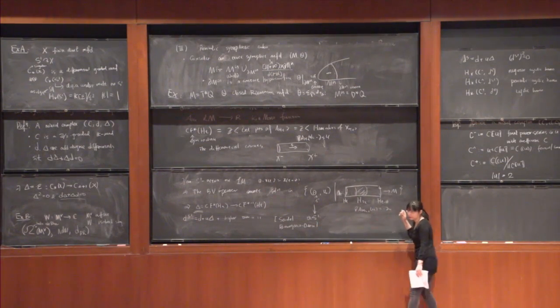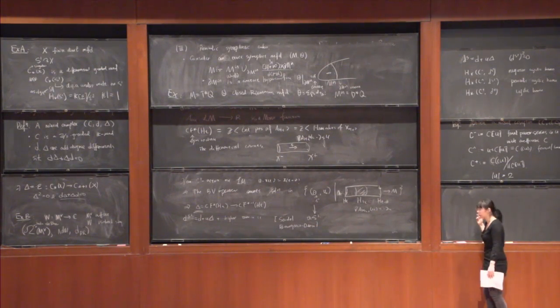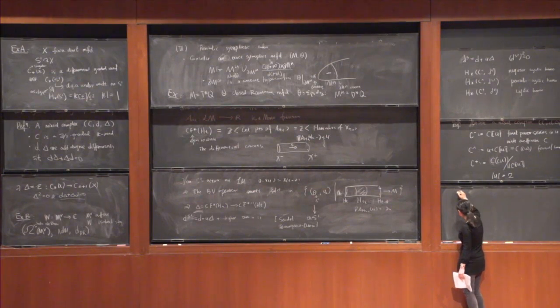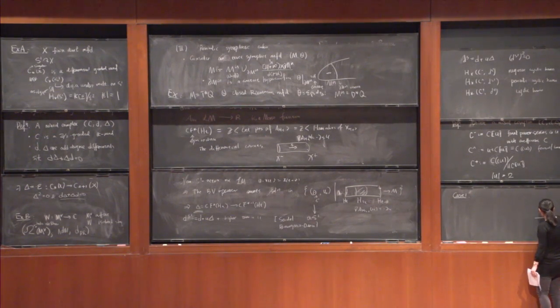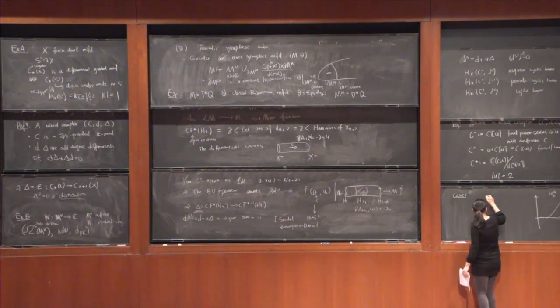I just need to take its periodic cyclic homology now. There are two cases you can consider. Case one is that I can take a Hamiltonian that goes quadratically, and I would consider a small time-dependent perturbation of this.